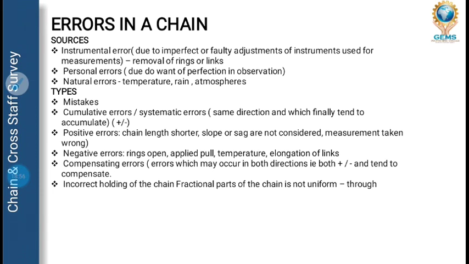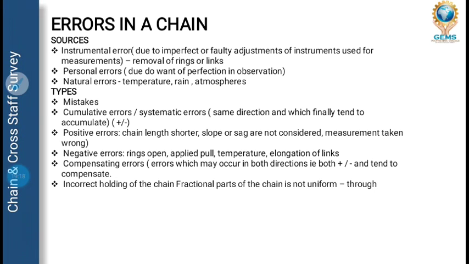So what is instrumental error? There might be some problem in the instrument: the chain, the ring could be plunged, it could be stretched or it could be bent. That is called an instrumental error. A personal error is like being absent-minded while measuring, where the leader is saying something and the follower is hearing something else.